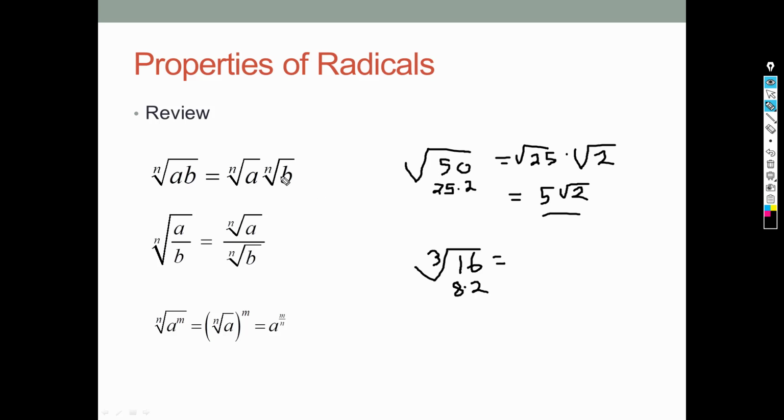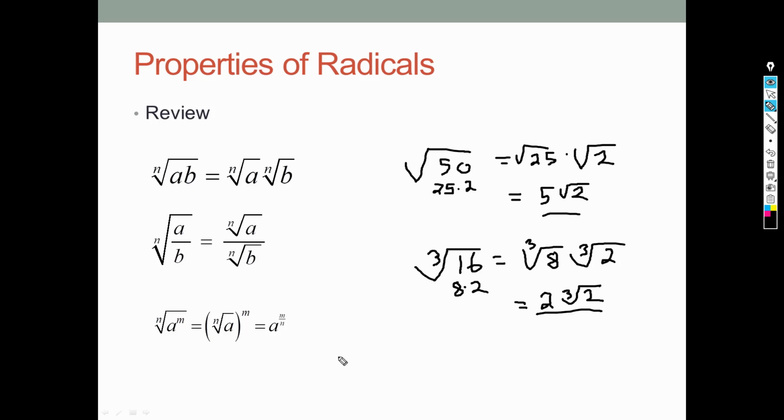And using this property again, you can break that down into the cube root of 8 and the cube root of 2. And of course, the cube root of 8 is 2, because 2 to the third is 8, so that would be 2 times the cube root of 2. That would be the simplest form of this one.